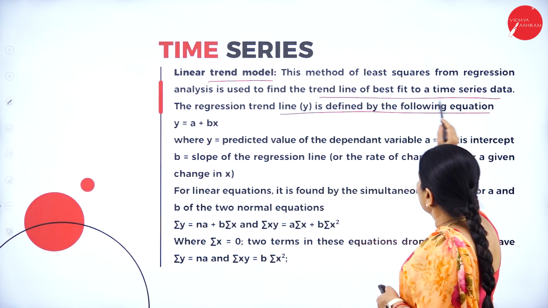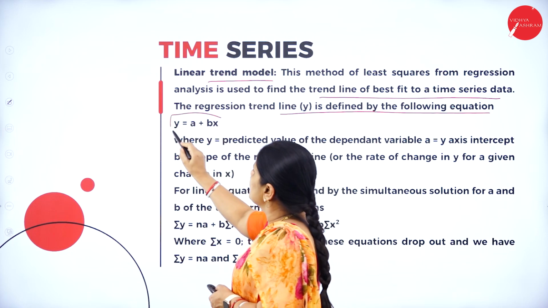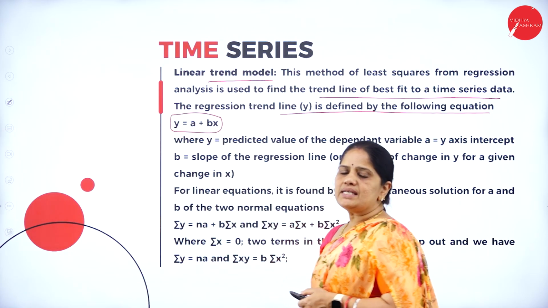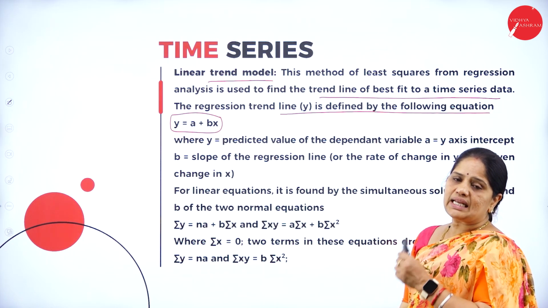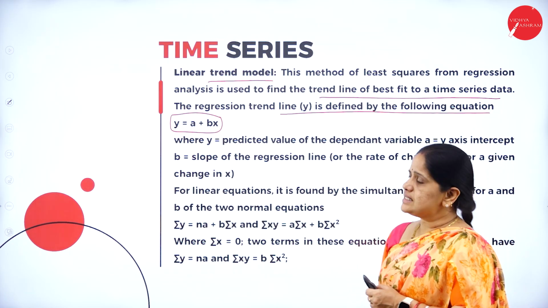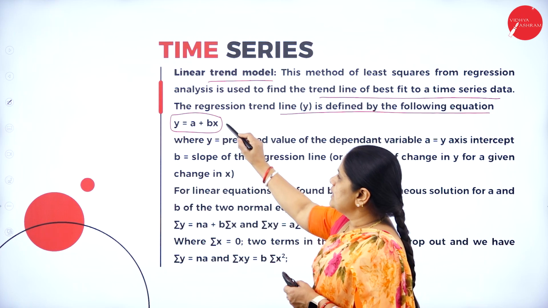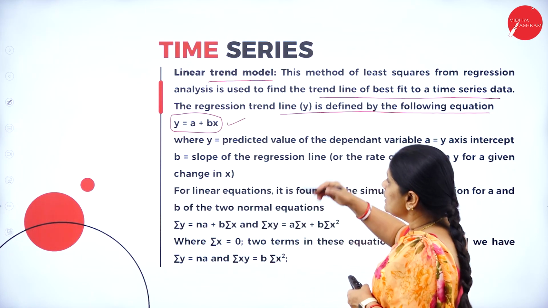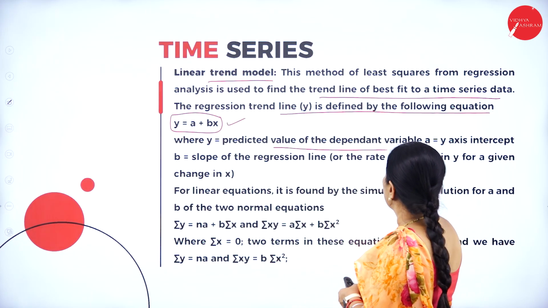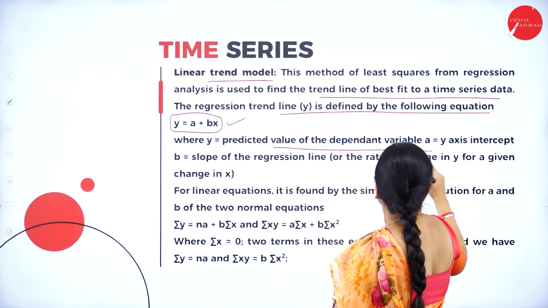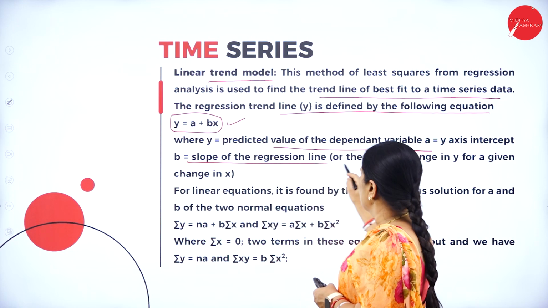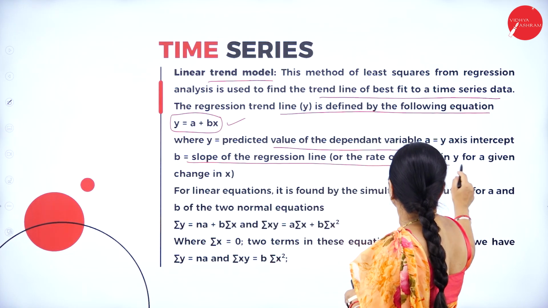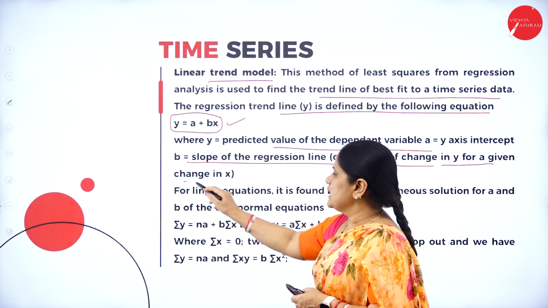So the regression trend is given by the equation y equals a plus bx. So this becomes the most important equation in time series analysis. Make a note of it. Where y is the predicted value of the dependent variable, a is the y-axis intercept, and b is the slope of the regression line, or the rate of change in y for a given change in x.